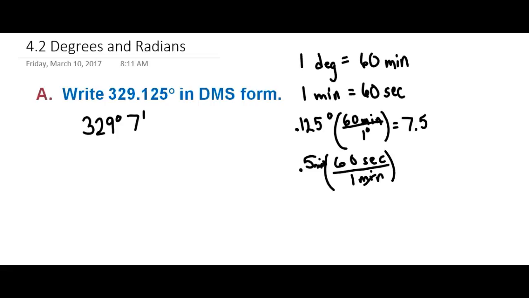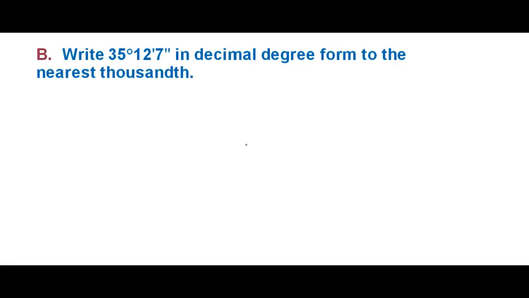Minutes cross out, and we get 30 seconds. And we're going to write seconds simply with 2 hash marks. And that's how we would write 329.125 degrees in DMS form.